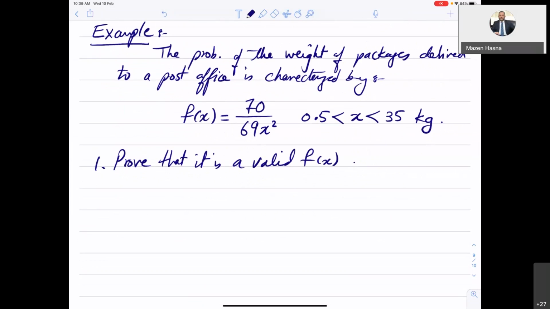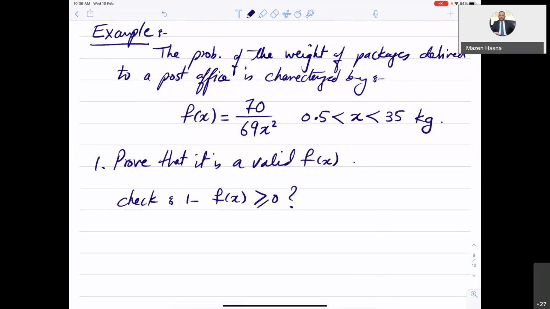You need to check two conditions, right? Check one, f of x greater than or equal to 0.